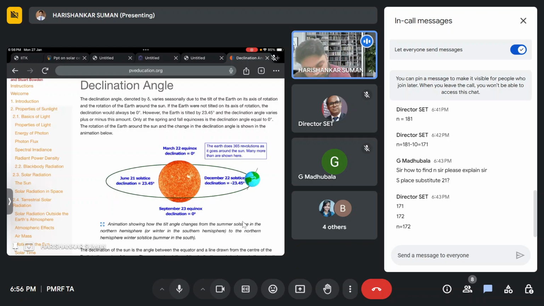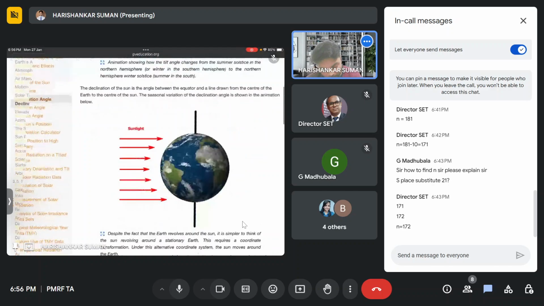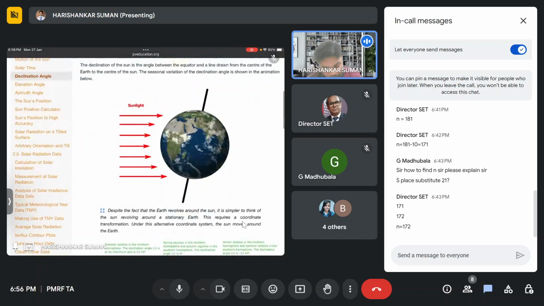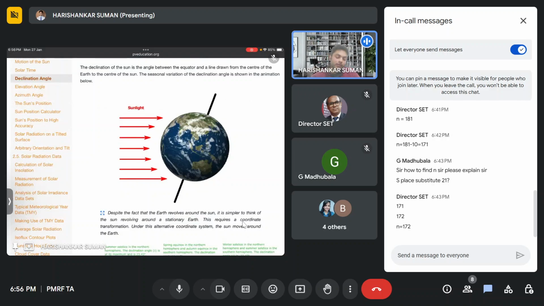So our declination changes from 0 to 23.45, minus to plus. You can see our earth's axis is also tilted.